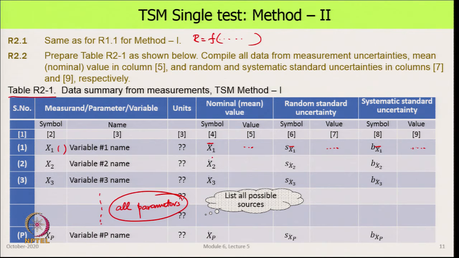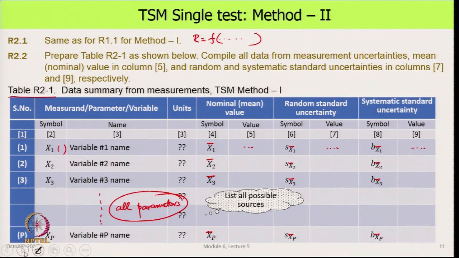And so, we have in this one the mean value of x2, sx2, bx2 bar, x3, sx3 bar, bx3 bar, and finally, the pth variable x bar p, this and bx bar p. So, now we have all the data that we calculated, and we can proceed for the result calculation process.